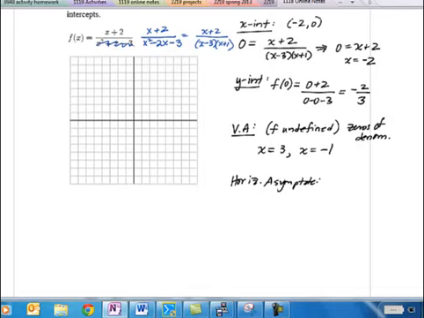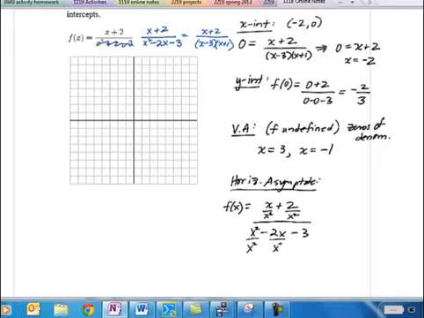And we'll find it by doing what we said we were going to do: divide everything by the highest power of x in the denominator. And here you want to use the non-factored, or the expanded, form. So in this case, we would divide everything by x squared because there's an x squared in the denominator. So divide each term by x squared.